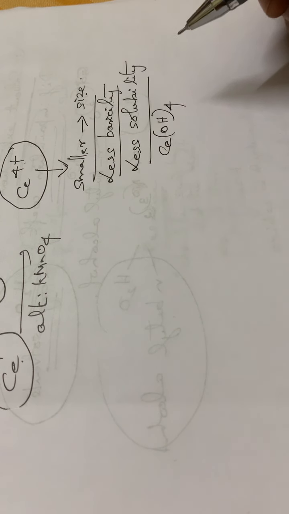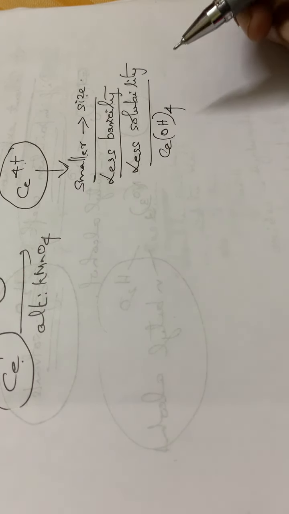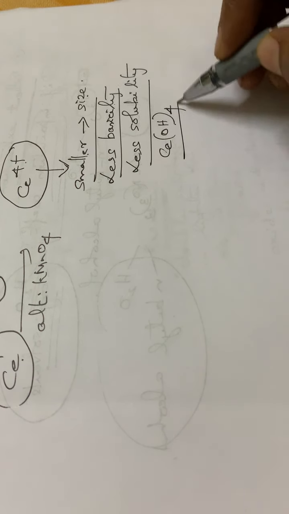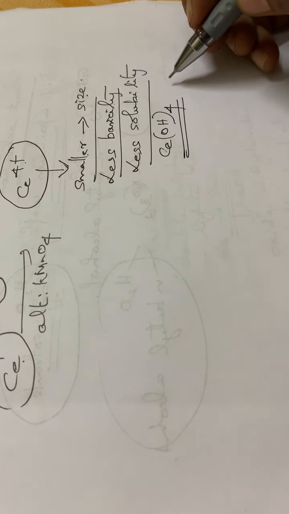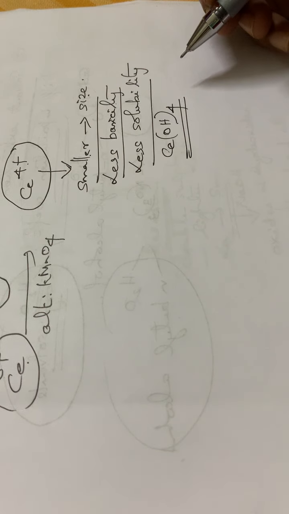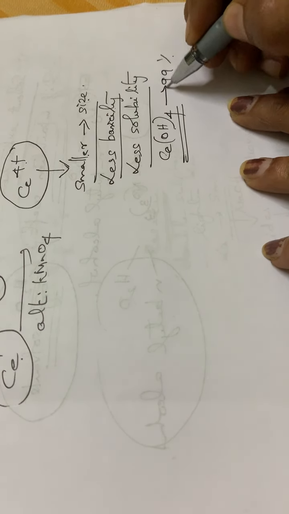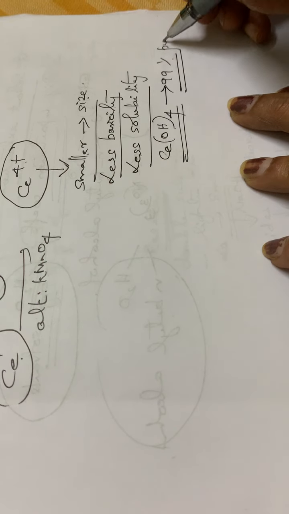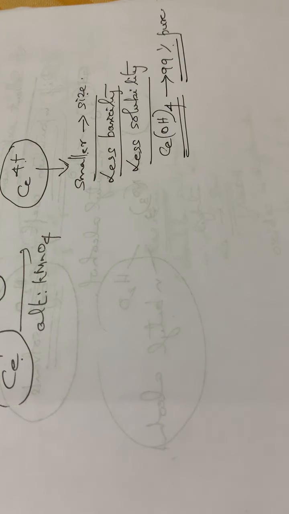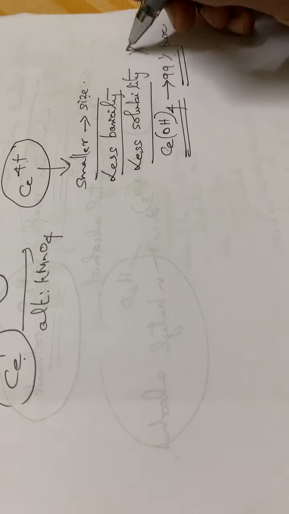By this method, we will be obtaining a very highly pure product. The obtained cerium hydroxide is about 99% pure. This is another important point to be noted.